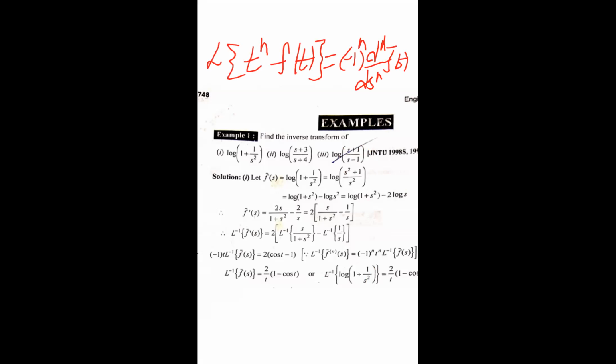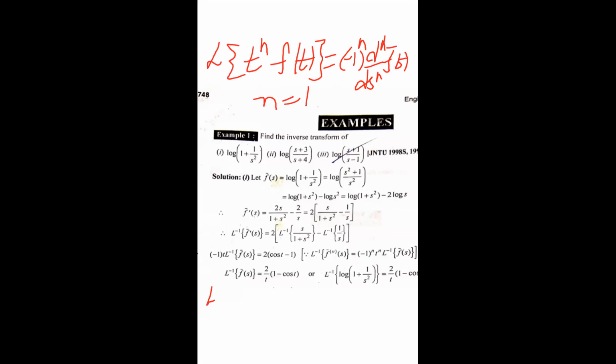The property is coming from the multiplication by t power n in the Laplace transform. Once again, I write the formula of t power n. So L of t power n into f of t equals minus 1 power n, d power n by ds power n, of f bar of s. So in this problem, n value is 1.